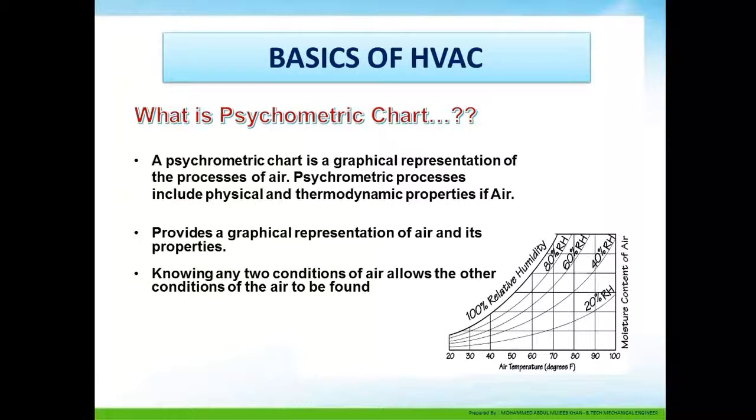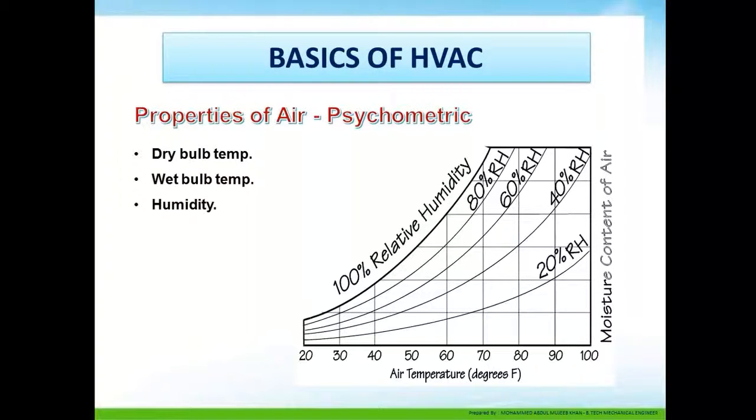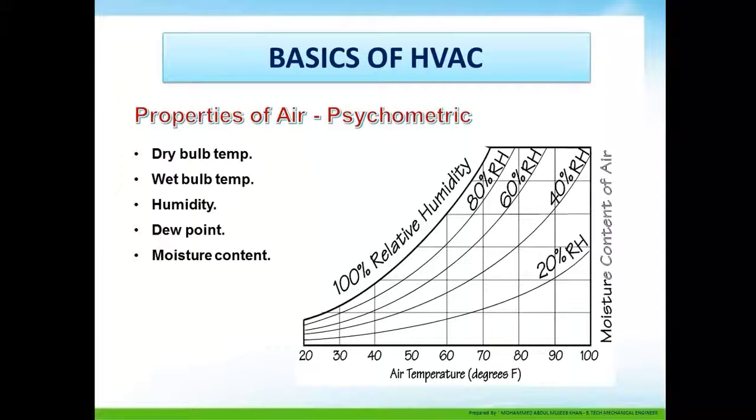Knowing any two conditions of air allows the other conditions of the air to be found. Properties of air: dry bulb, wet bulb, humidity, dew point, moisture content, heating, cooling.